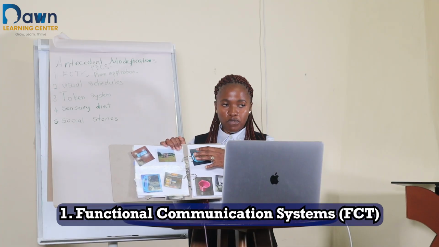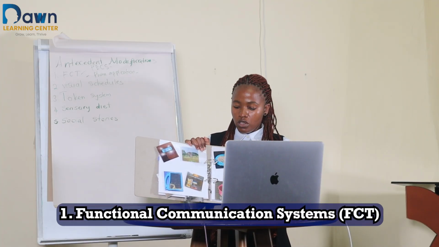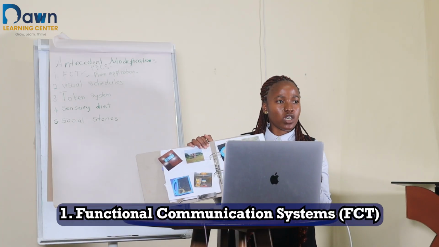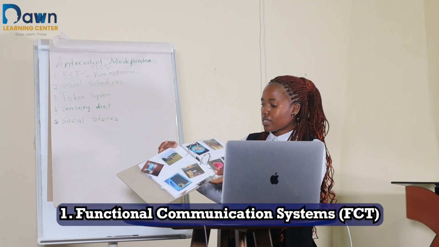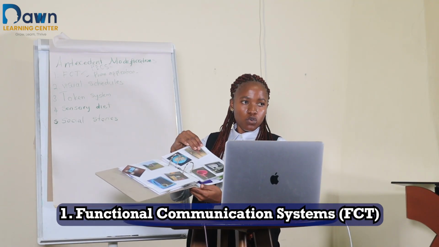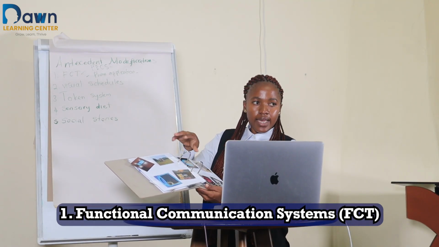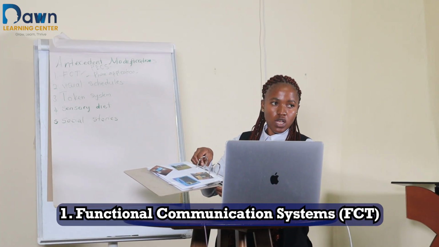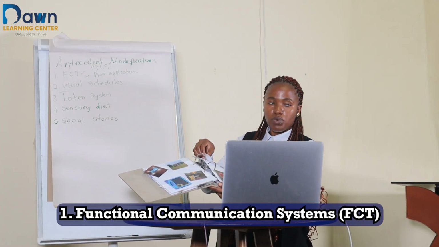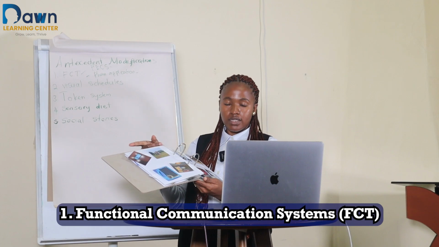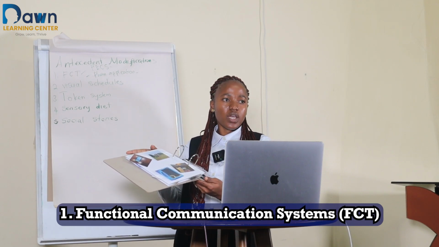So for John, before he cries, you give him the PECS file and ask him, what do you want? Then you go with him to the picture of food, if he wants food. You help him take the picture of porridge out, he gives it to you and points at it, he looks, and then you give it to him.